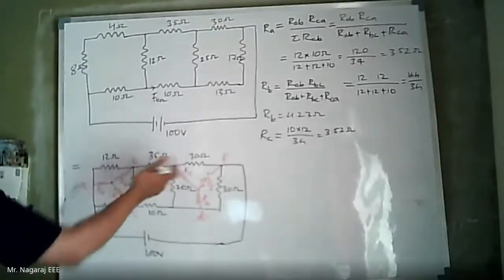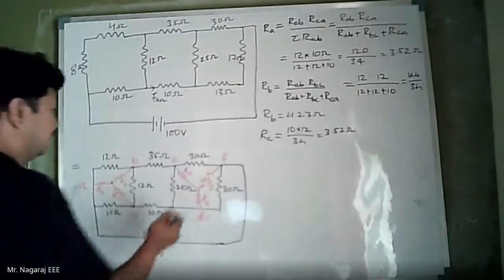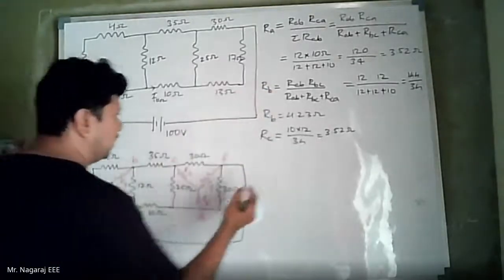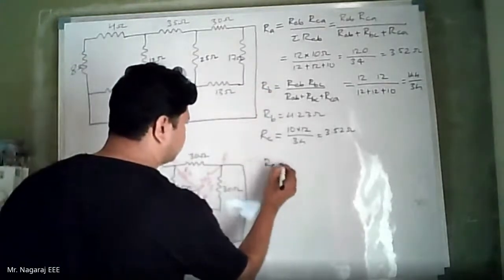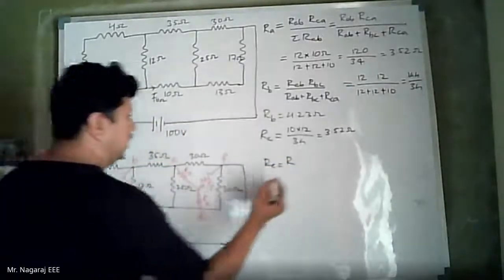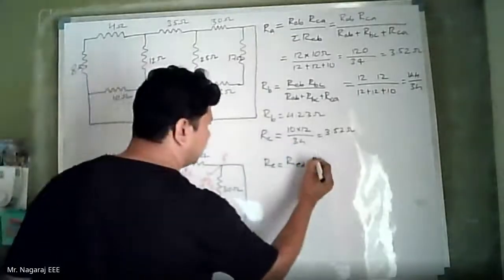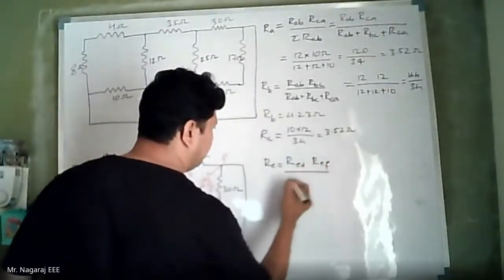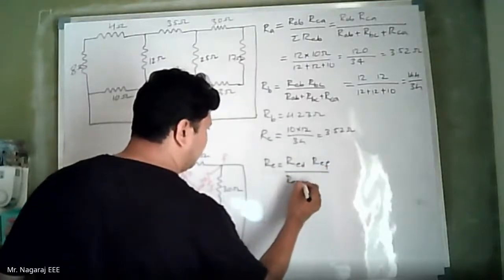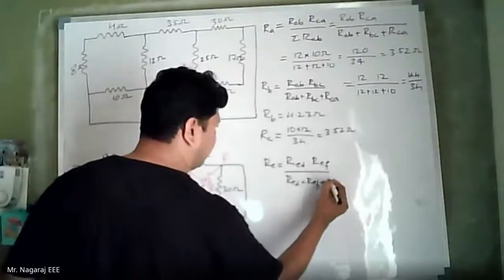Coming to the another delta to star transformation, I will write it here. RE is equals to RED into REF divided by RED plus REF plus RDF.